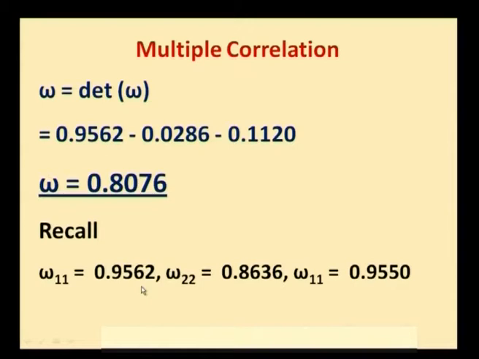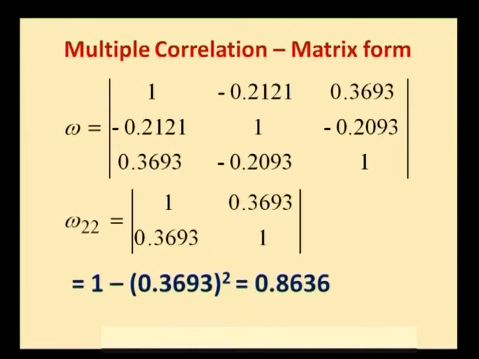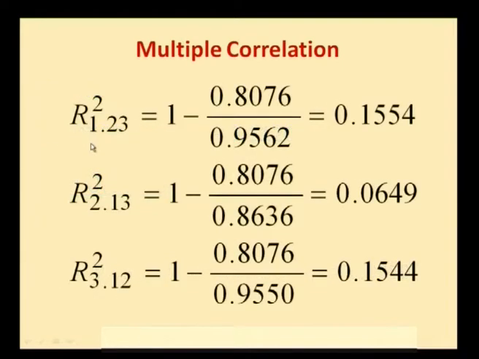I just want to recall here, because this was computed a little earlier in our slide, 3 3, 2 2, 1 1, and all of them are recalled here for the submatrix.